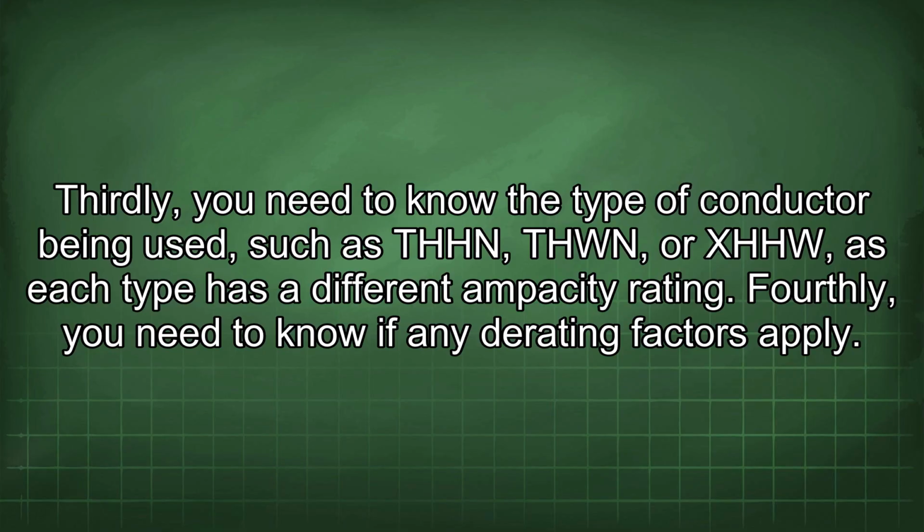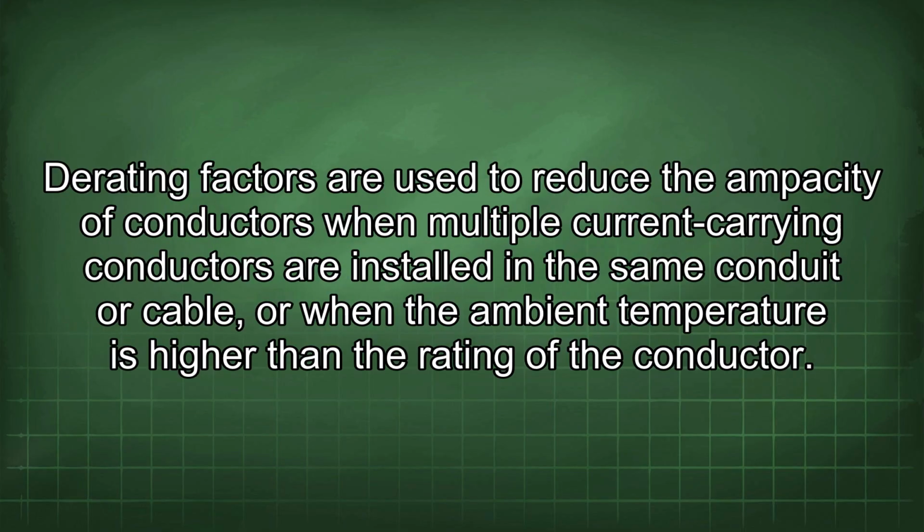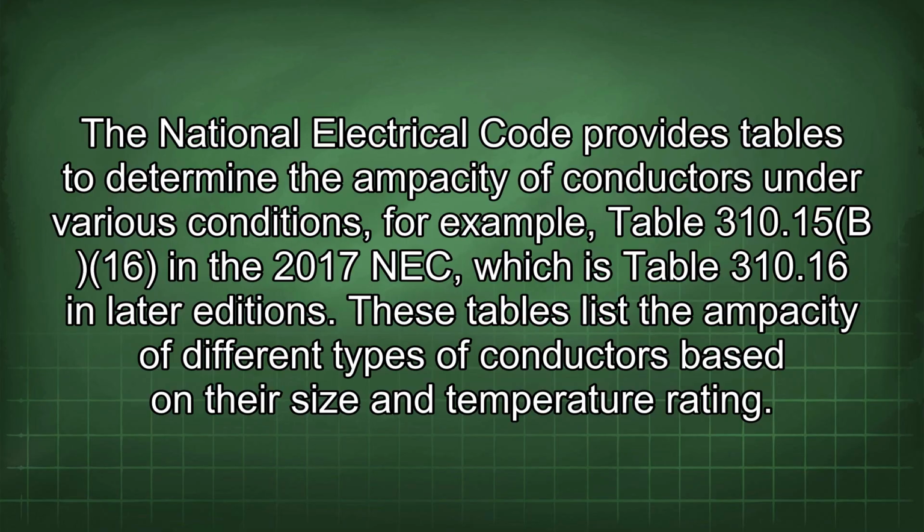Fourthly, you need to know if any derating factors apply. Derating factors are used to reduce the ampacity of conductors when multiple current-carrying conductors are installed in the same conduit or cable, or when the ambient temperature is higher than the rating of the conductor. The National Electrical Code provides tables to determine the ampacity of conductors under various conditions.